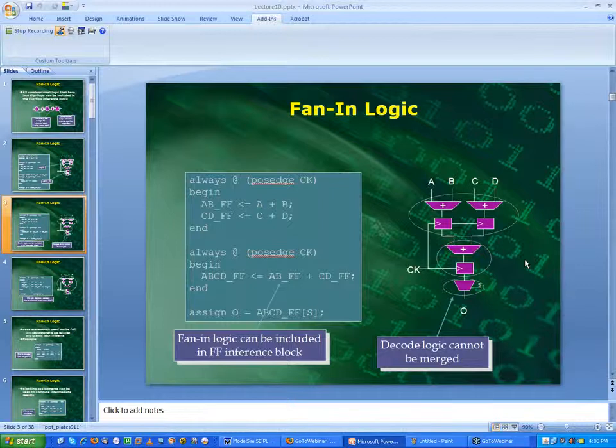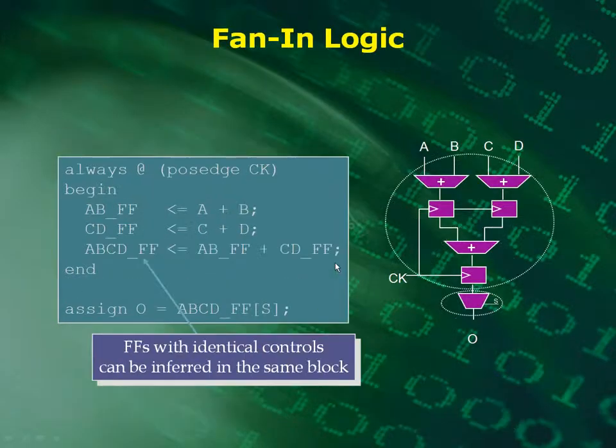Now let me go back. Now, before we made two blocks, since these flip-flops are all under the same control, run on the same positive edge of clock, they can all be put within the same always block if you like.